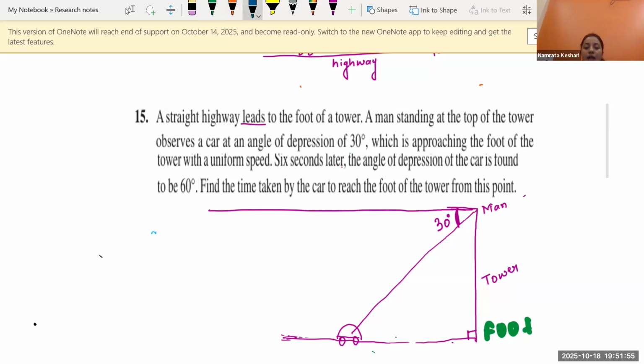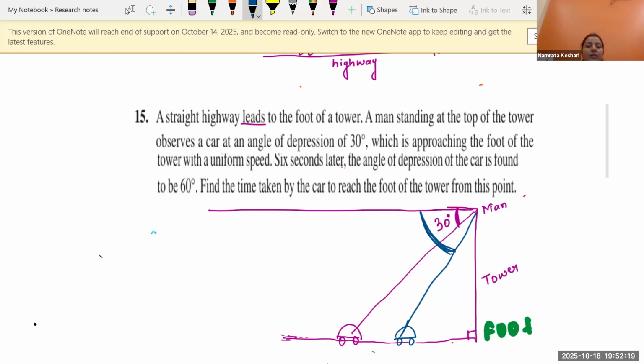Car is approaching the foot of the tower, and now 6 seconds later again the angle of depression, of the man, will get created with the horizontal line, always. Yes or no?